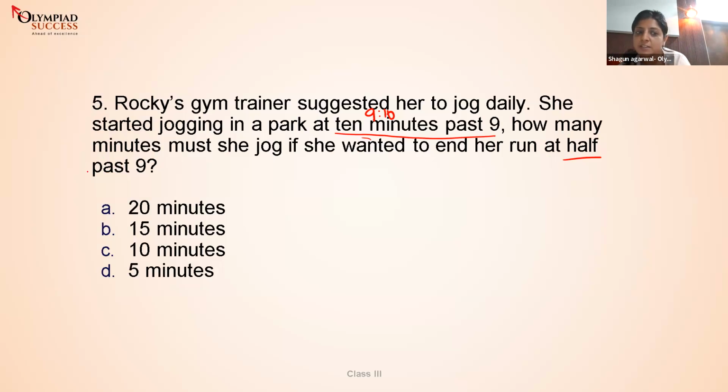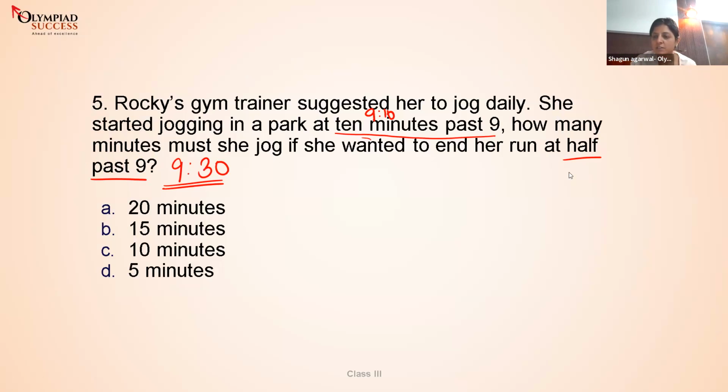So what is 9:30? 9:30 means because 1 hour's half is 30. Absolutely right. So when we say half in time, we mean half of 60 minutes, which is 30 minutes. It becomes 9:30.